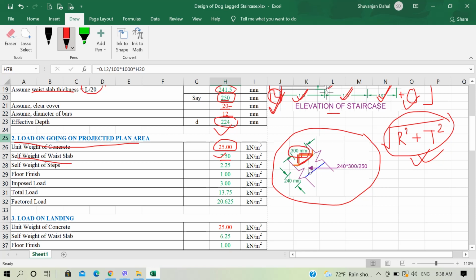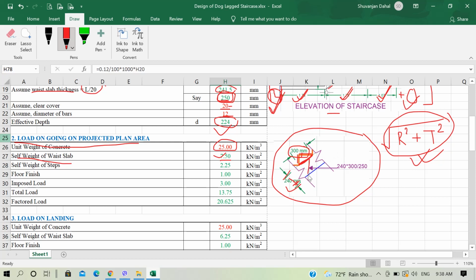Calculate yourself also, you can see this inclined length value you get to be 300 mm. The thickness of our waist slab, we have assumed to be 240 mm here. Here it is 250 mm, so it won't matter much. Let's say this thickness of our waist slab is 240 mm or even 250 mm, the value won't differ much.